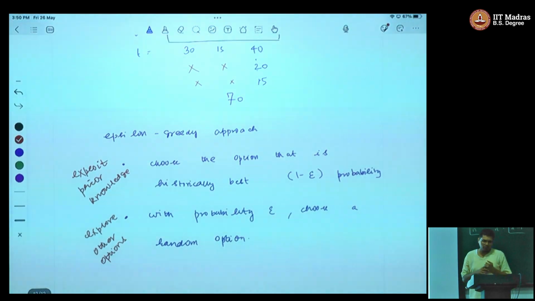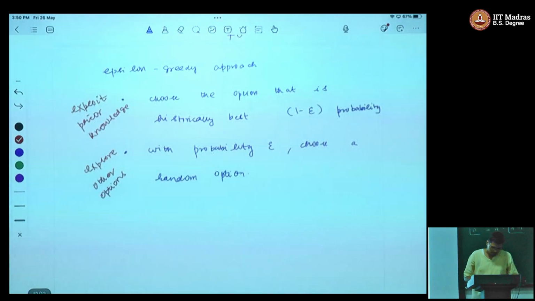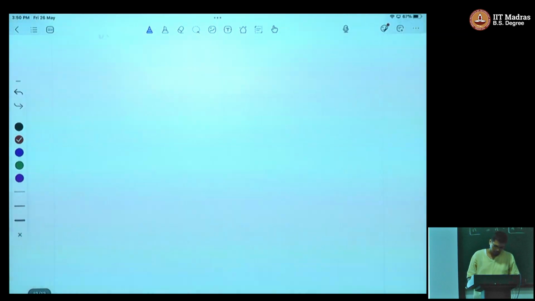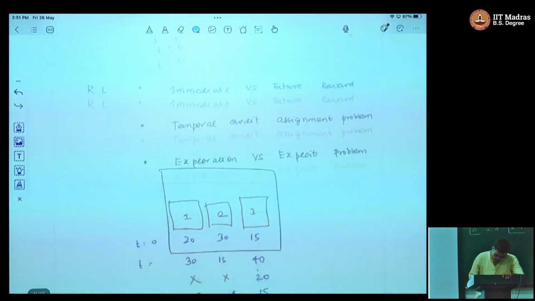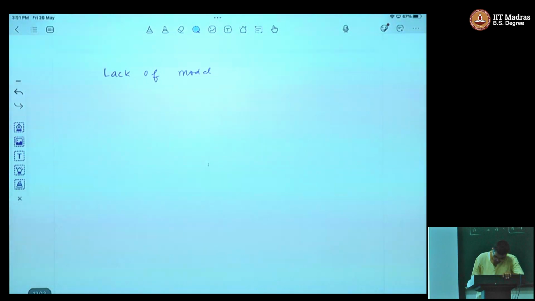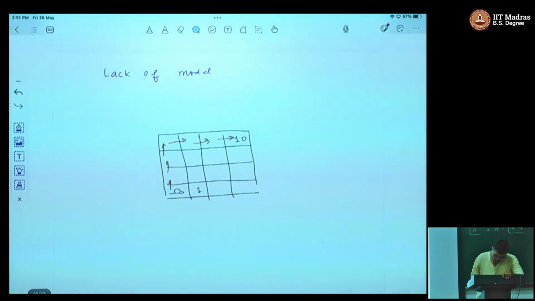Okay. So then there is what is known as lack of model information, right? Say the same grid world.